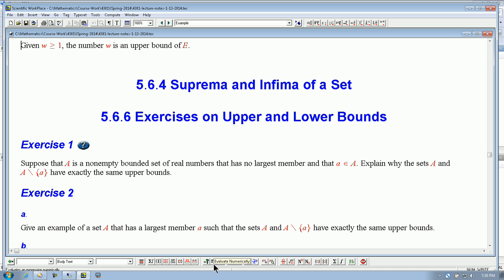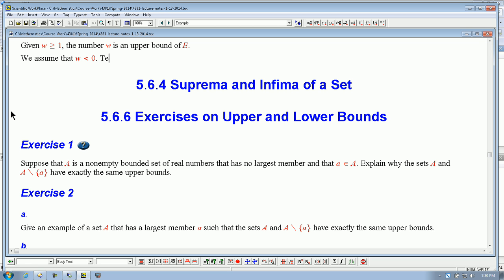Now I'm going to say we assume that W is negative. We assume that W is negative.